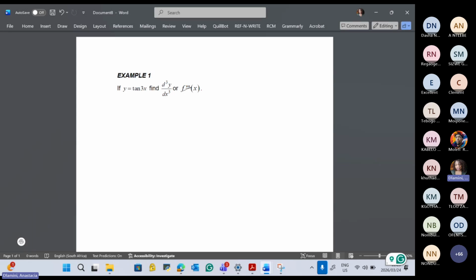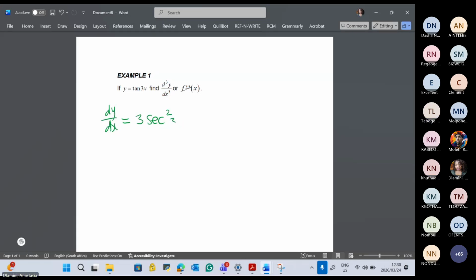So dy over dx is equal to, what's the derivative of this? Tan 3x. What is the derivative of tan 3x? 3 sec squared 3x.